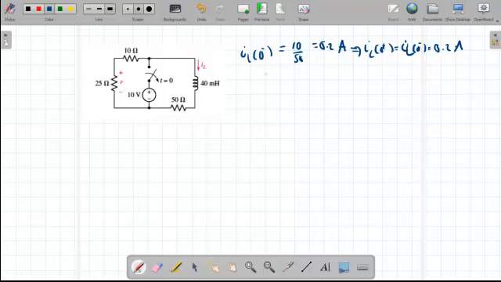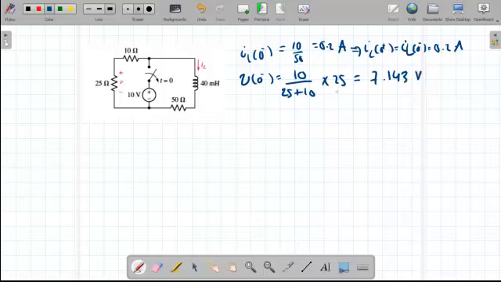For V0 minus, we use this divider. It equals 10 over 25 plus 10, times 25, so it equals 7.143 volt. For V0 plus, the voltage across the resistor can change in zero time.